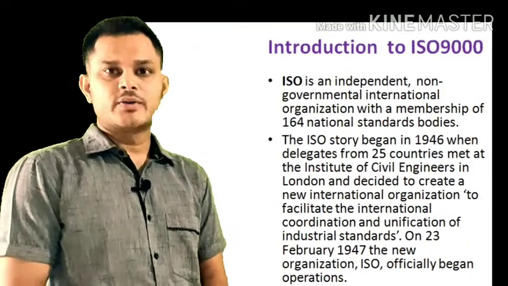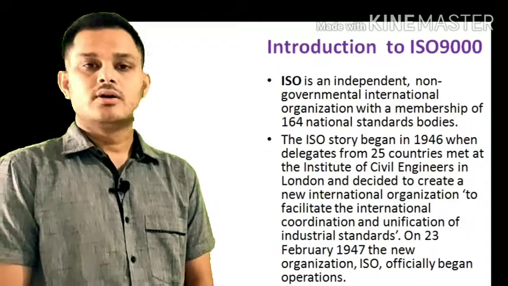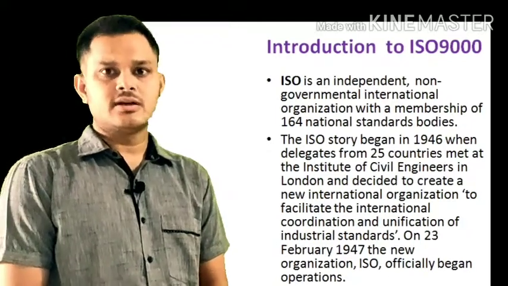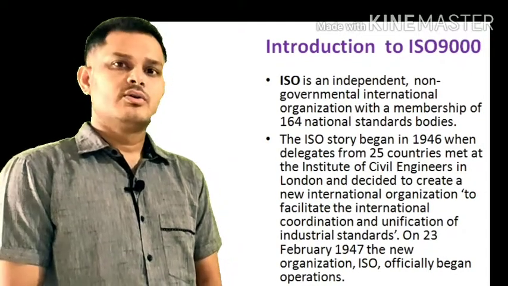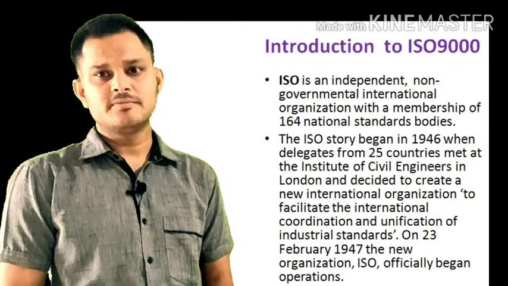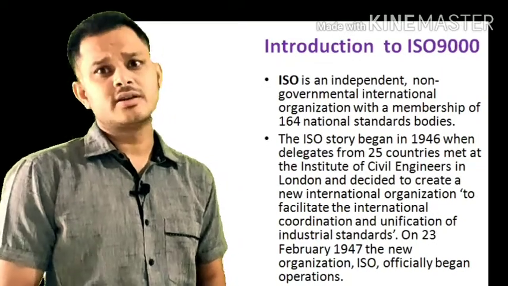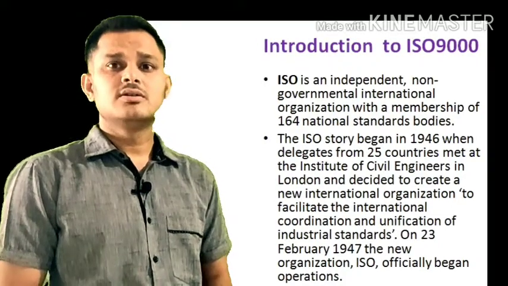So the next topic that we are going to discuss is Introduction to ISO 9000. ISO means International Organization for Standardization. ISO is an independent, non-governmental international organization with a membership of more than 164 nations.